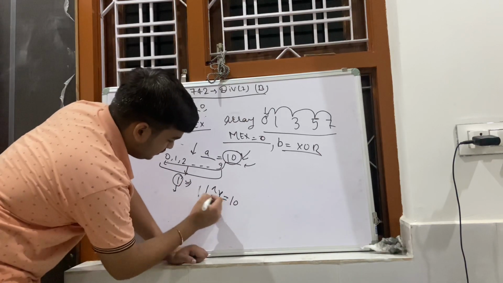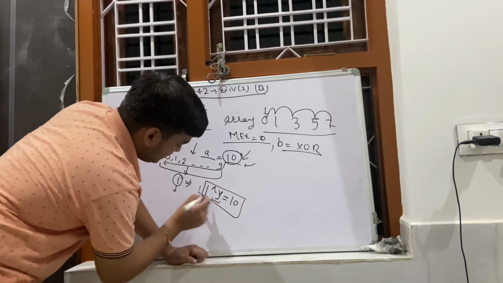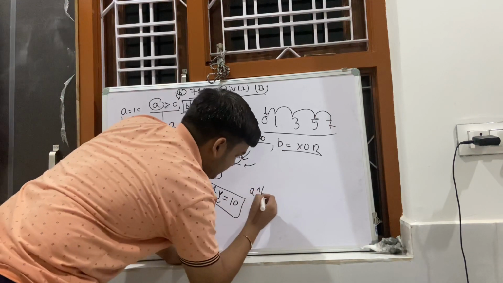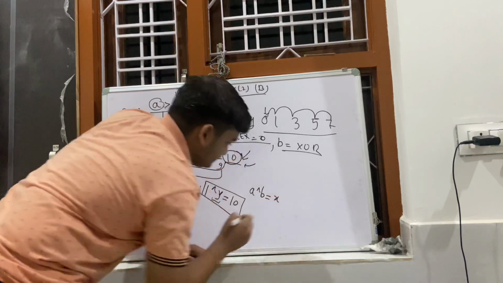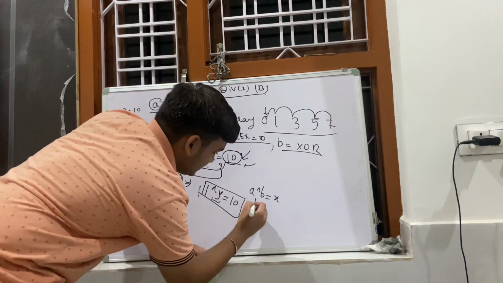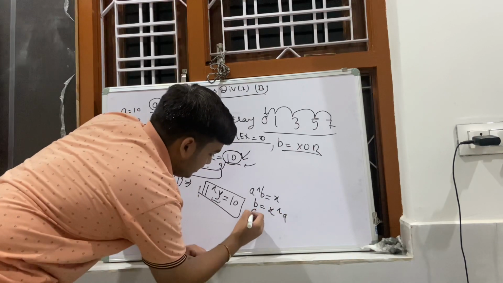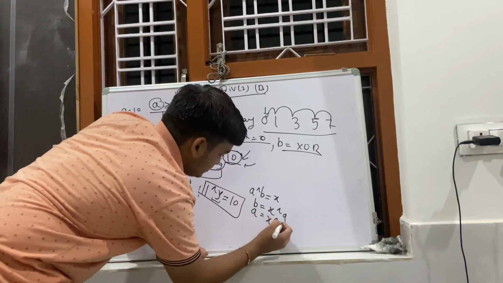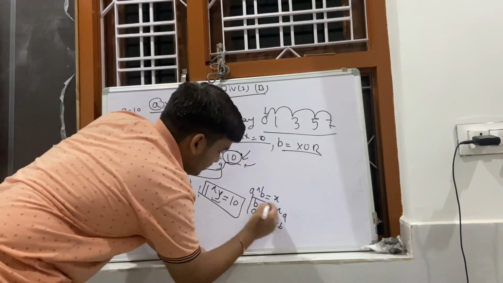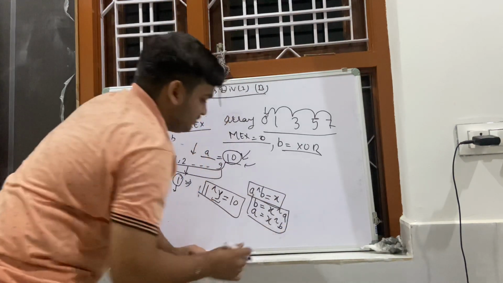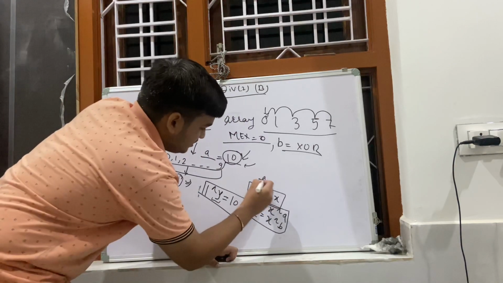So what will be the value of y? If you know the property of XOR, if a XOR b equals x, then we can say that b equals x XOR a and a equals x XOR b. This is the most important property in bitwise operations.